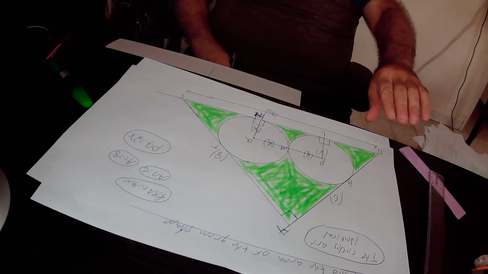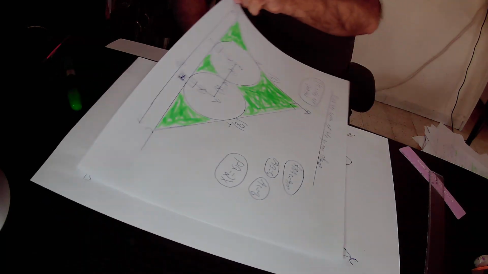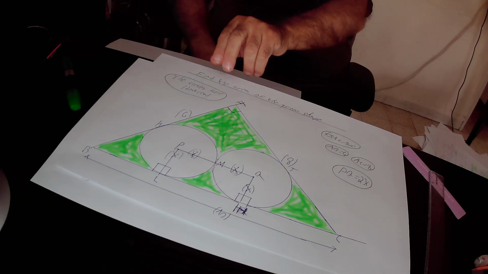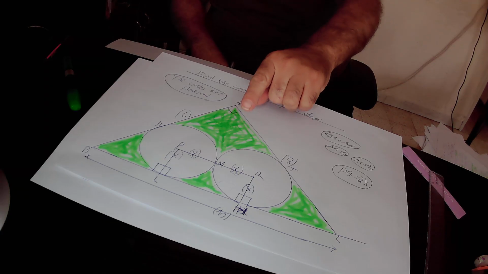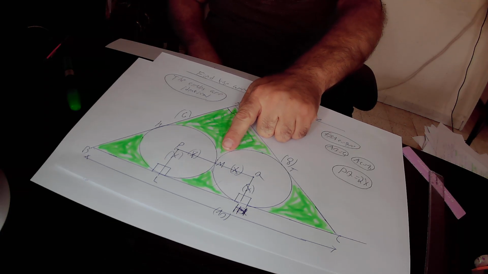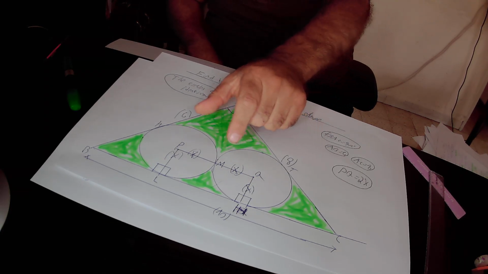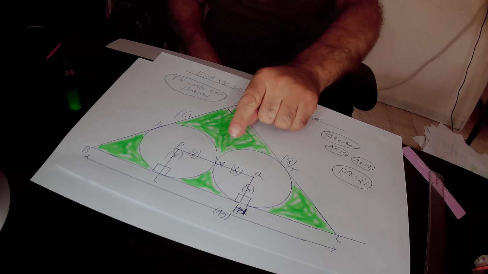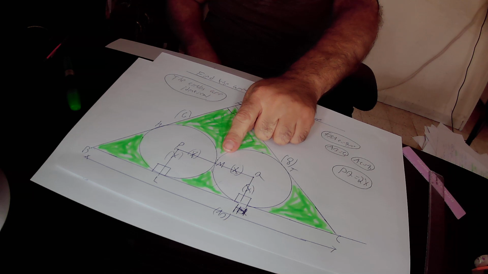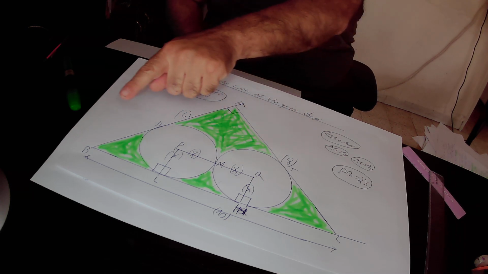In the next step, we'll do a construction. From point M, the point of tangency of those two circles with each other, we draw a perpendicular on BC. Again, from point M, we draw a perpendicular on BC.